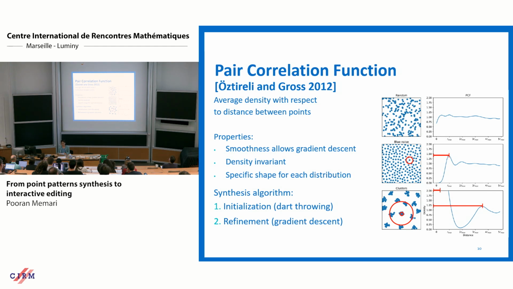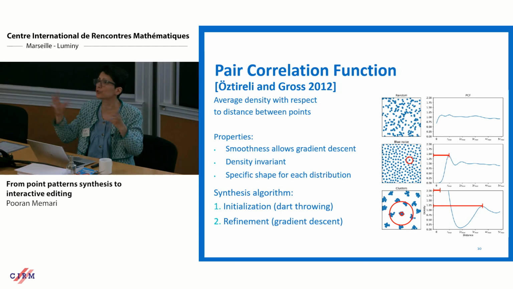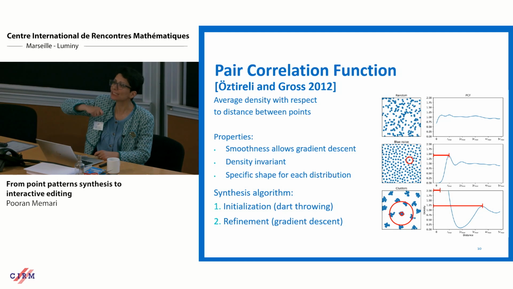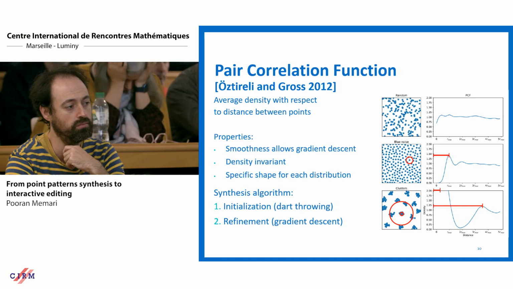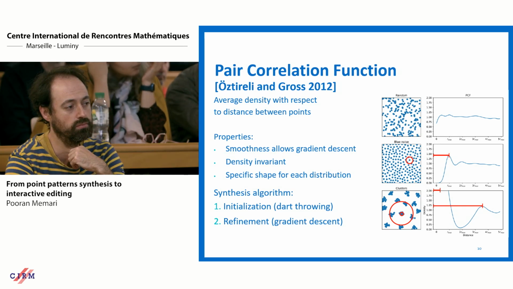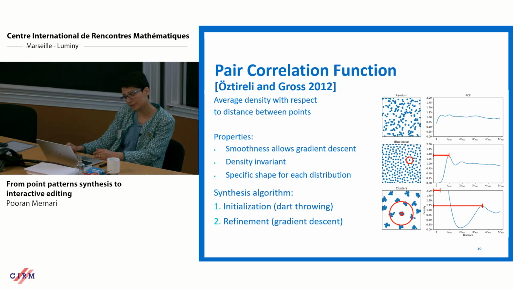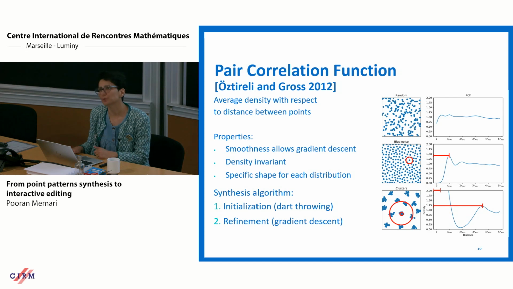What would be the synthesis algorithm here? If you want to synthesize a point pattern whose PCF is known, you can simply target that, and by doing a simple dart throwing, try to converge to that average PCF. With some refinement at the end, you would be able to come up with quite similar patterns based on this simple algorithm.